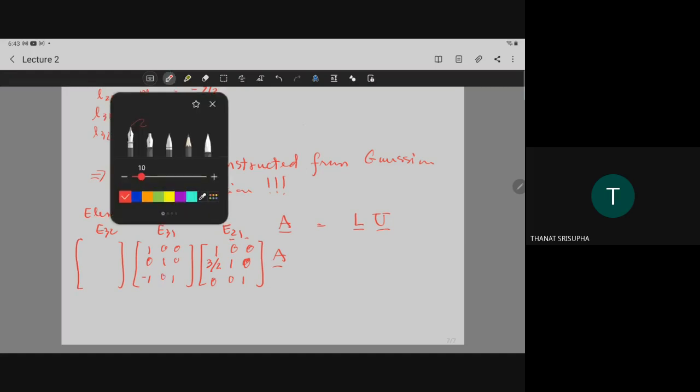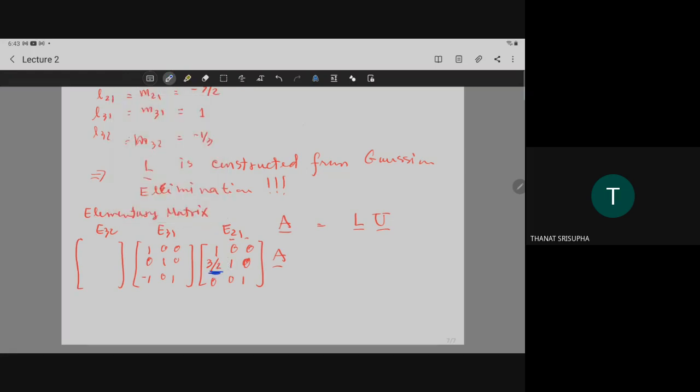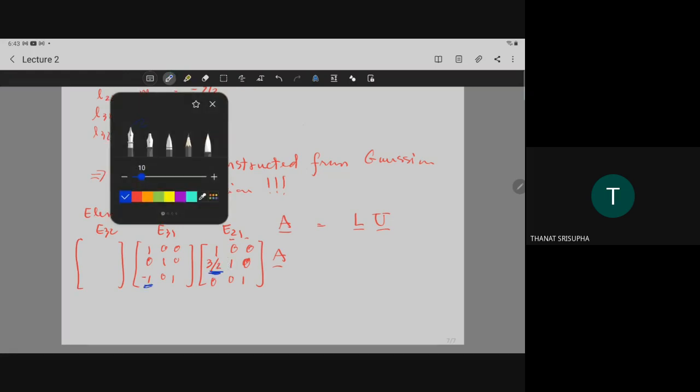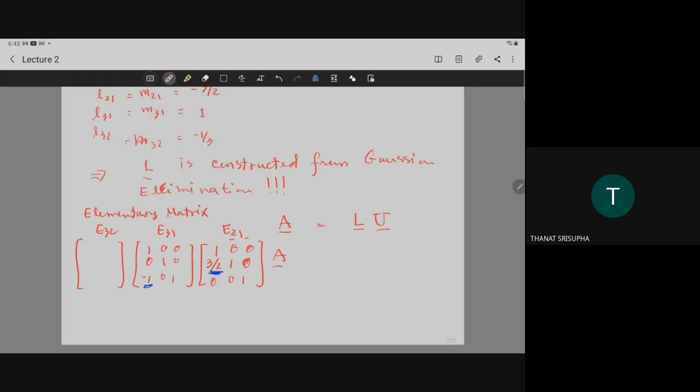Maybe you put some colors here so you don't get confused. And then lastly, E32, the elementary matrix for equation transformation. We have 1, 1, 1, 0, 0, 0, and then we have 1/3.